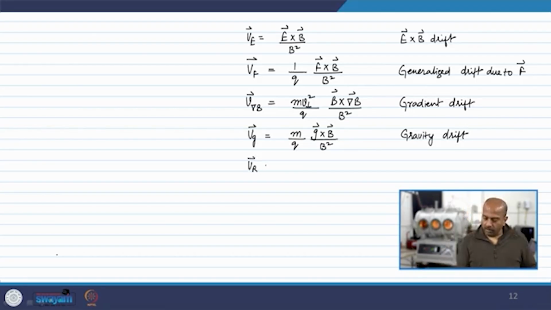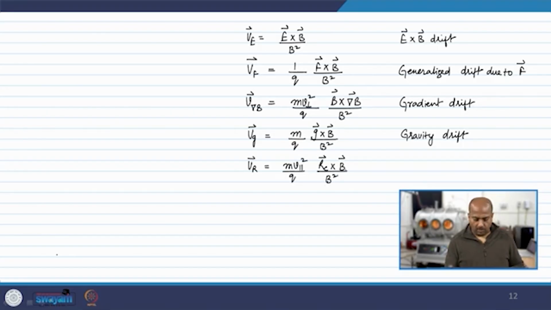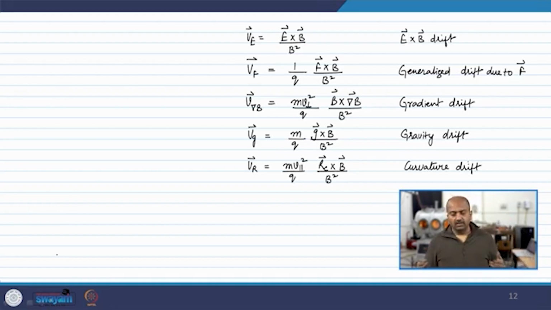V R, the curvature drift, m V parallel square divided by q times R C cross B by B square. This is the curvature drift, right.